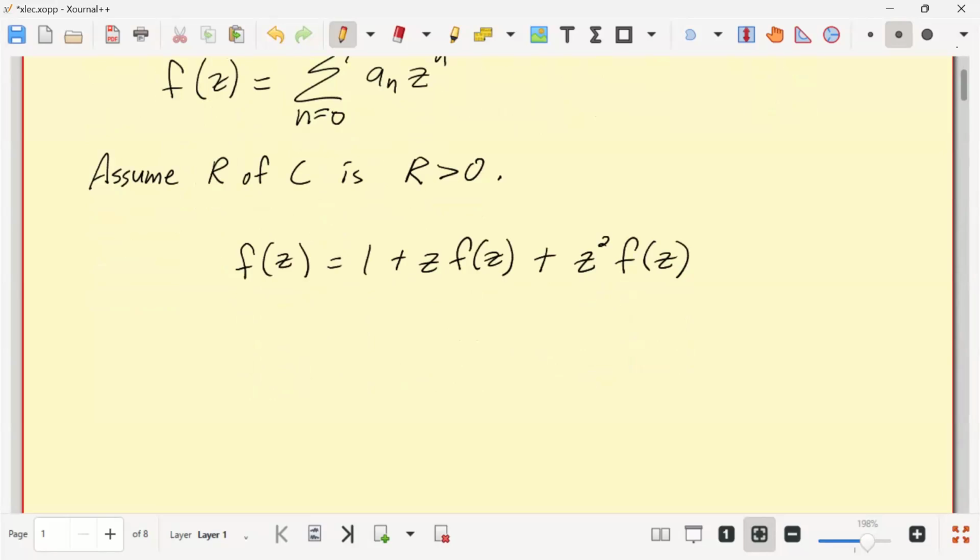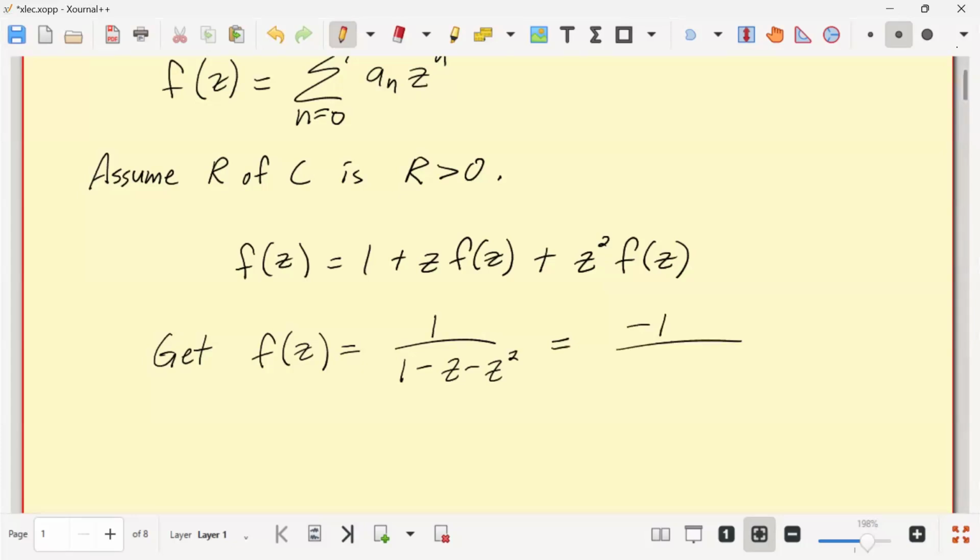And you realize, oh my gosh, I can solve this for f of z, and we get f of z equals 1 over 1 minus z minus z squared, which I prefer to write as minus 1 over z squared plus z minus 1.